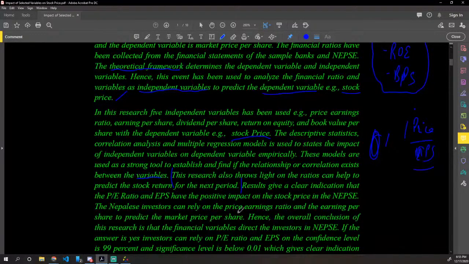Nepalese investors can rely on the price earning ratio and the EPS to predict the market price per share.